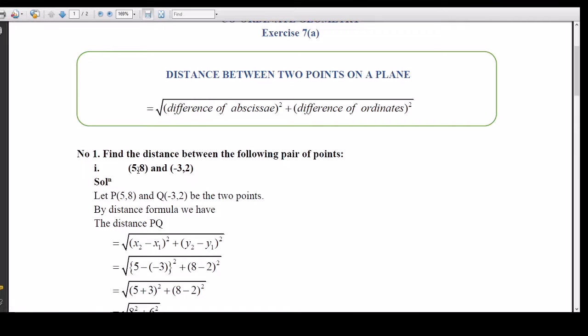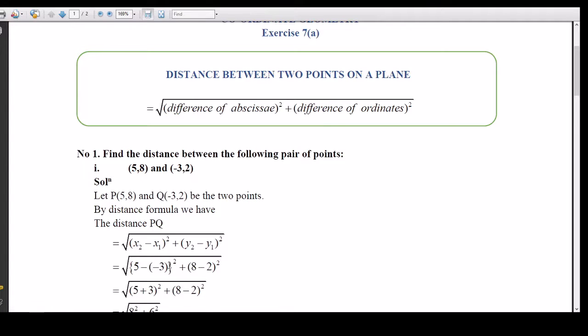Let us take the point 5, 8 as x2, y2 and the point minus 3, 2 as x1, y1. Now, 5 minus of minus 3 squared plus 8 minus 2 squared. 5 minus of minus 3: minus multiplied by minus is plus.